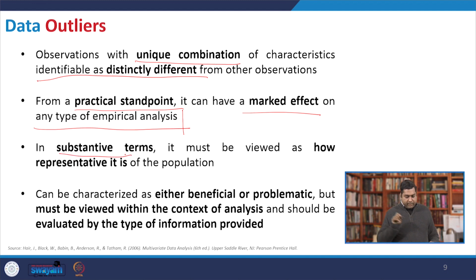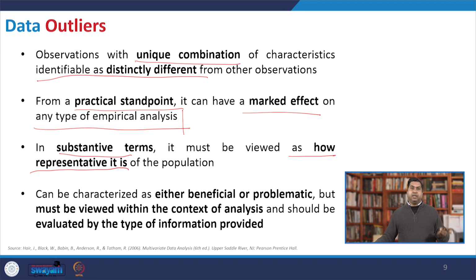On the other hand, when you go for substantive terms, it must be viewed as how representative it is of the population. If the target population is for your study, even within that, whatever sample you are collecting and you get an extreme value, you have to check whether it represents the population.